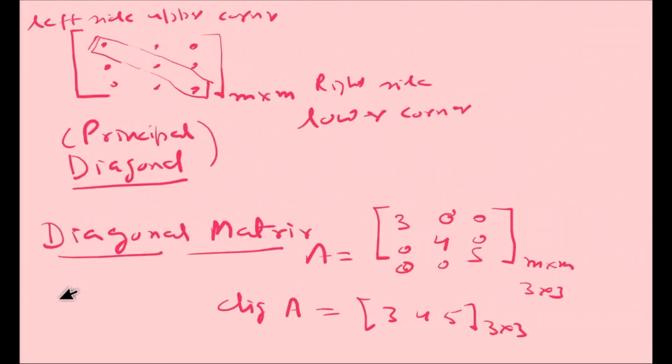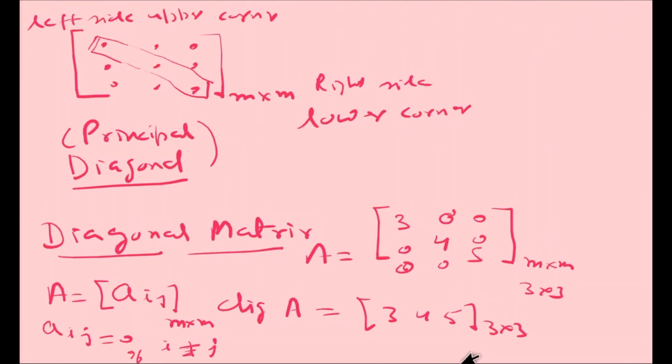If matrix A has Aij of order m into m, then we can say Aij will be 0 if i is not equal to j. If i is not equal to j, then Aij equals 0, and we can say it is a diagonal matrix.